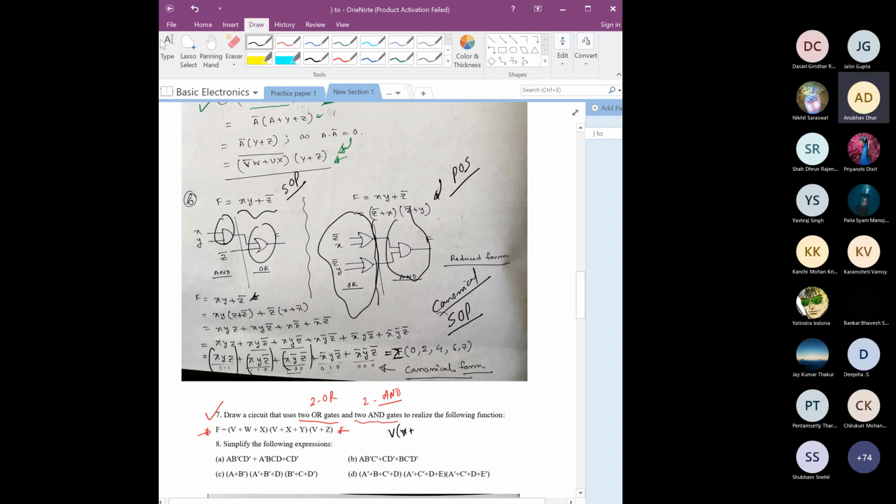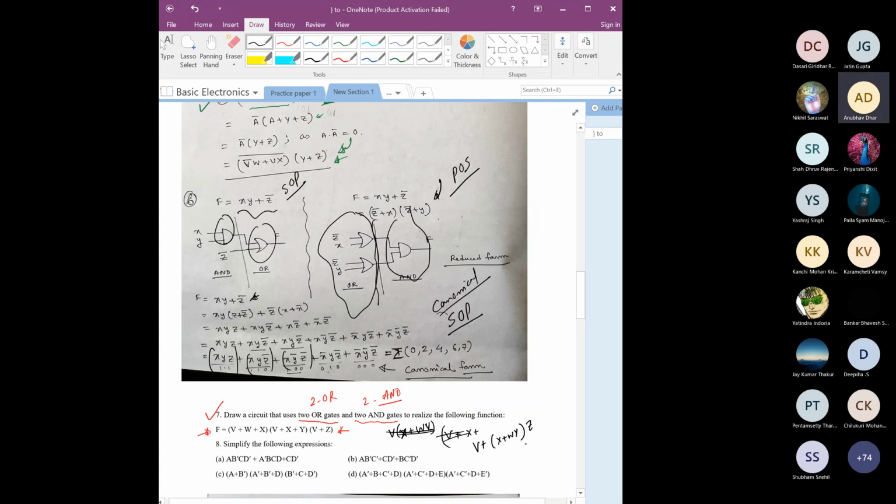Then v plus parenthesis x plus wy parenthesis close, times z. Okay, so this can be written in this way.